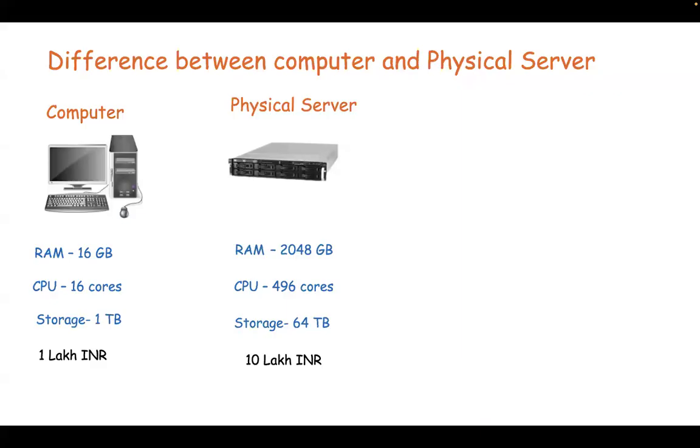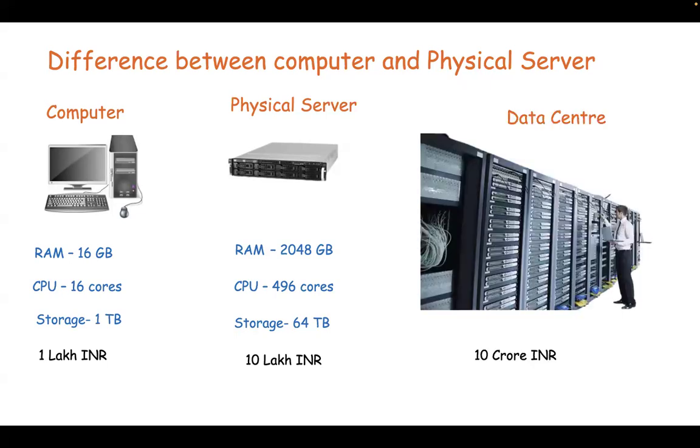Now coming to my scenario, I told you I want to start an IT company, so I need 100 servers. Each server price is 10 lakh. Then 100 servers means how much? I need to spend 10 crore rupees. I'm talking in Indian rupees, not dollars. I have to spend around 10 crore to set up this infrastructure.